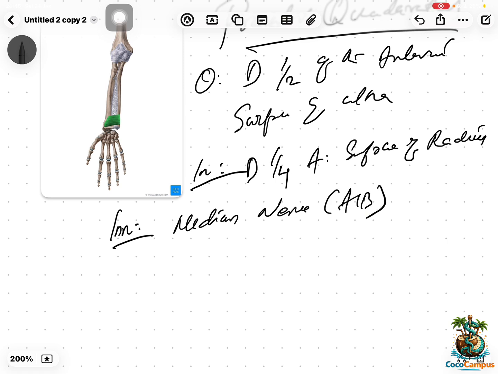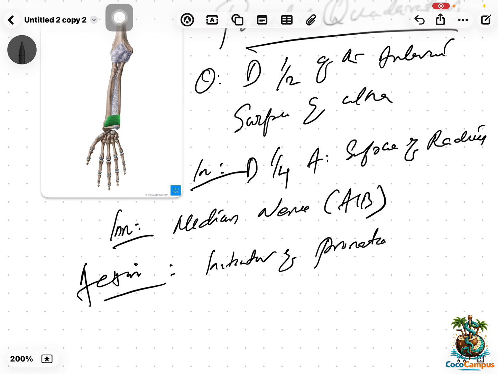Now, what is the function? It is the principal initiator of pronation. In other words, it's the most important starter of pronation. It also stabilizes distal radioulnar joints, but important is principal initiator of pronation.